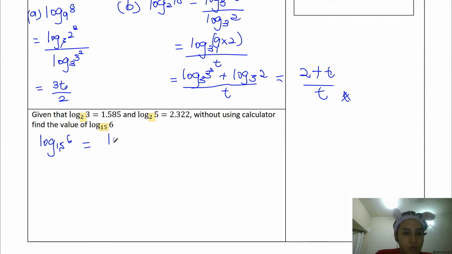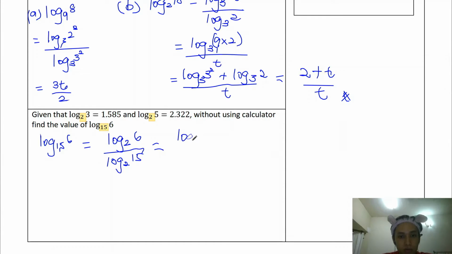So log_2 6 divided by log_2 15. And then you need to factorize.